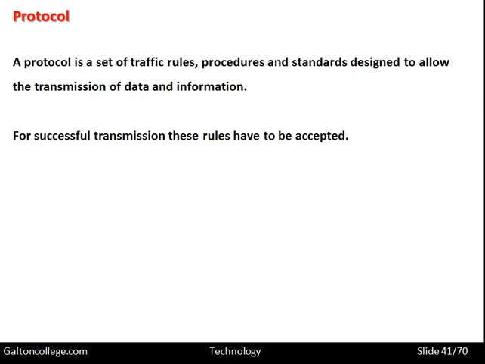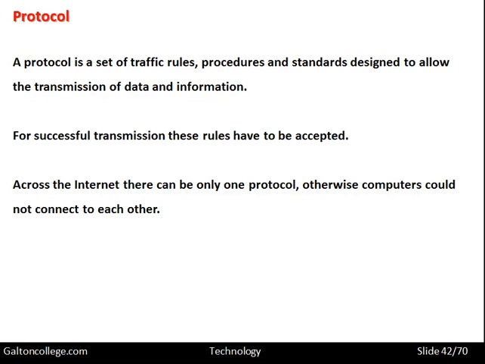Now, for successful transmissions, these rules have to be accepted. If they're not accepted, then the data will not flow. Across the internet, there can only be one protocol. Otherwise, computers would not connect to each other. If we think about it, we have the internet with millions and billions of computers.